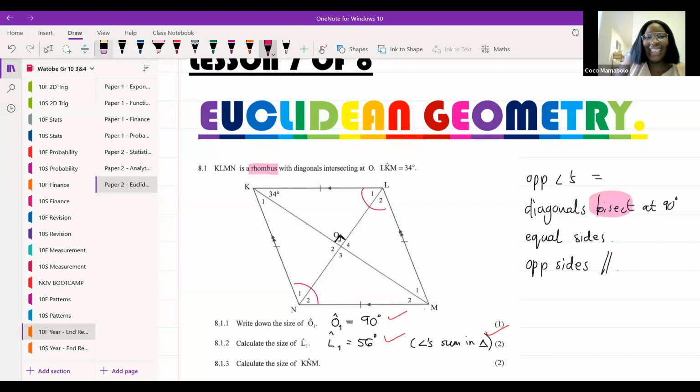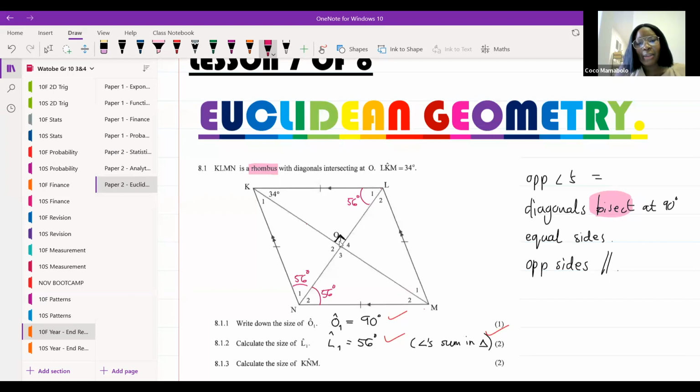Okay, right. Luckily for us, we know that if L1 is equal to 56 degrees, that means N2 is equal to what? Good, Onako. It's also equal to 56. And that means that N1 is also equal to 56.